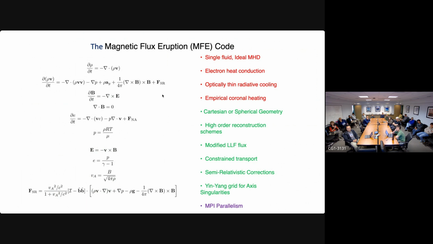And by using the MFE code, we can solve the MFE equations in Cartesian or spherical geometry. And we recently included the usage of the high order reconstruction method and a modified Friedrichs flux, also similar to the one used in the MURaM code.